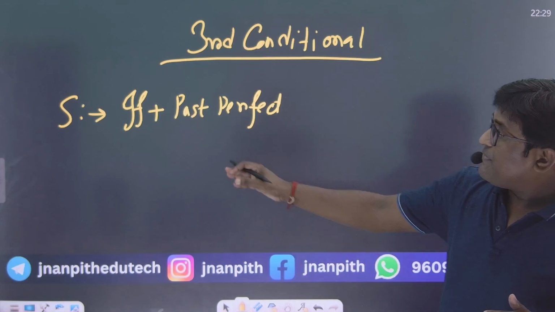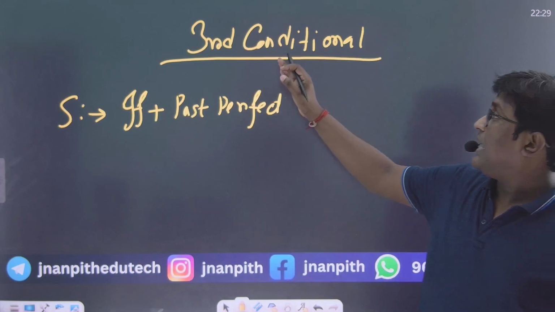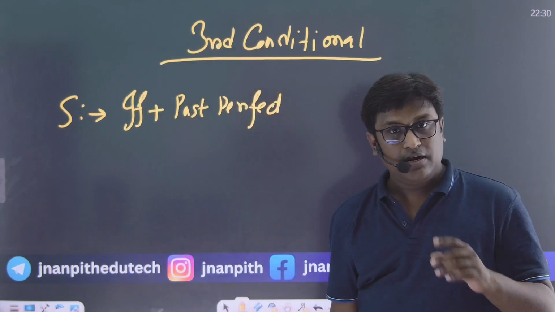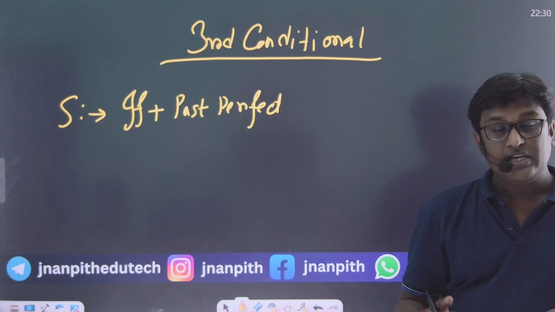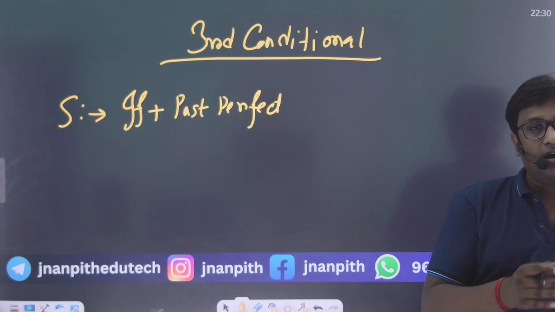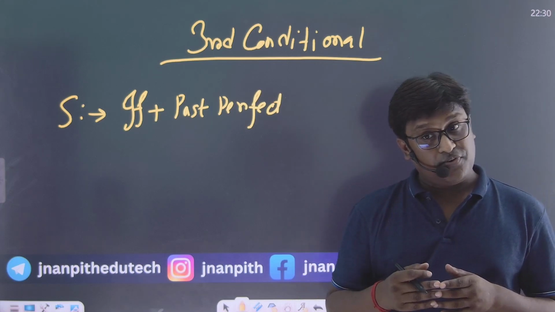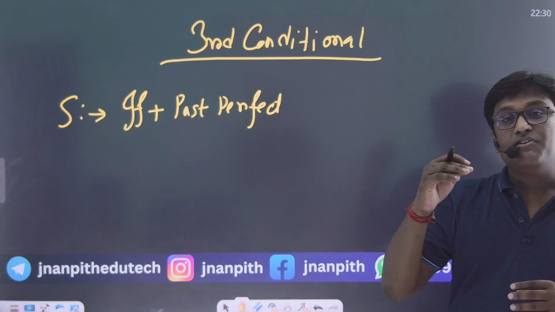If the if clause is in past perfect, then it has to be the third conditional. Mind it, if the if clause is in simple present tense, then the conditional may be zero conditional or first conditional. If the second part is in future tense, then it is first conditional.